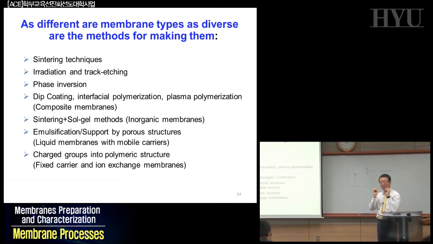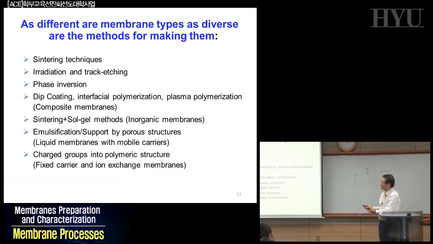So if you have metals or ceramics, where they are crystalline materials, above the melting temperature or close to the melting temperature, if you apply pressure, then those particles will gather together to become agglomerates and can make the membrane. So powders will become a membrane by using the sintering technique. And the next slide will be showing the sintering technique as well.